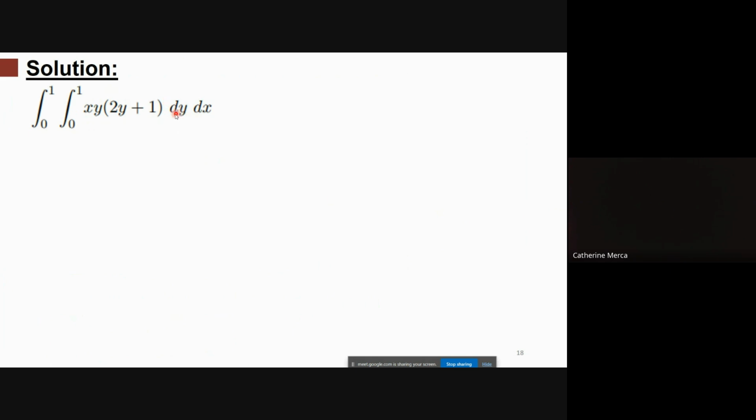So when you distribute, you have 2xy squared plus xy dy dx. Integrating this with respect to y gives us 2xy cubed over 3 plus xy squared over 2.